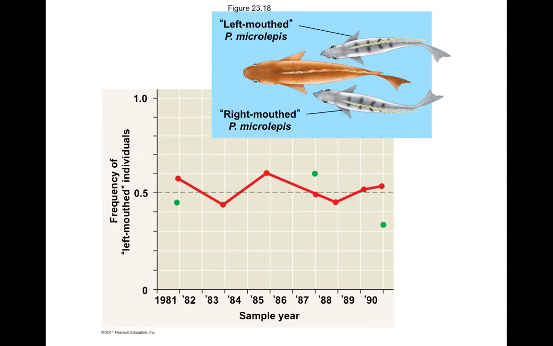If you have too many of the right-mouthed kind, the host fish are going to be able to get rid of them. So what this means is that there has to be a balance between having enough left-mouthed and right-mouthed fish in this species so that no one type predominates and that both kinds can parasitize these other fish. So we can see that there's this oscillation between left-mouthed and right-mouthed fishes, and it all kind of hovers around a 50-50 ratio.